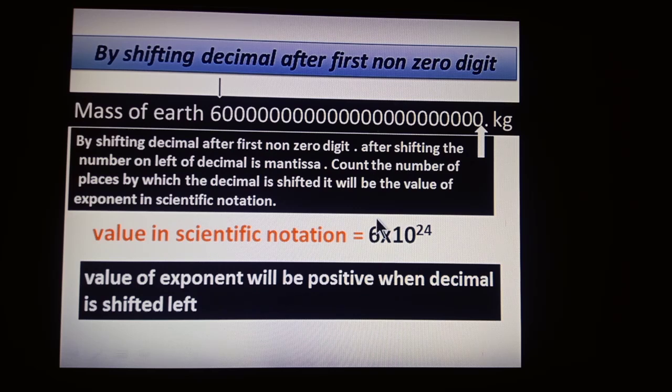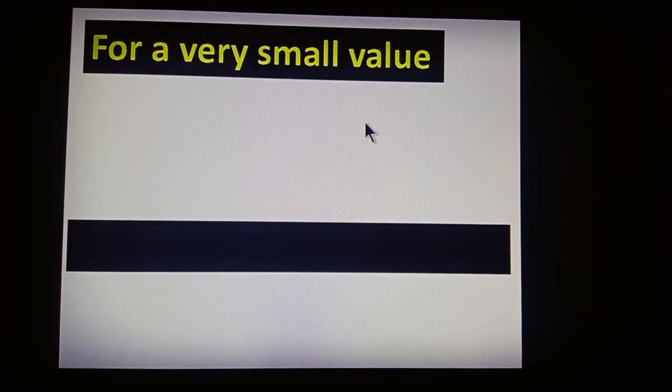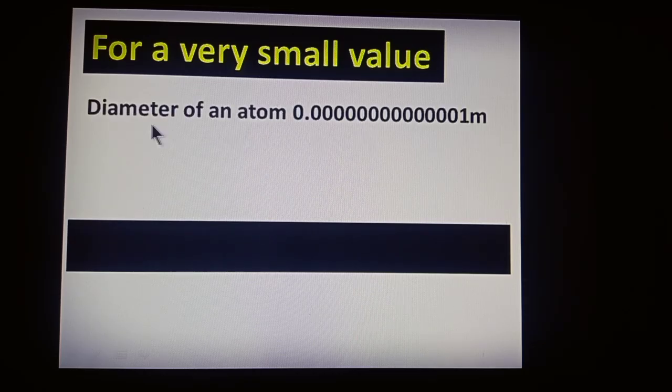Now consider the example of a small quantity, again the diameter of an atom. By the rule, we will shift the decimal after the first non-zero digit to convert it into scientific notation. Here is the decimal, and we will shift it after 1, the first non-zero digit in the number.